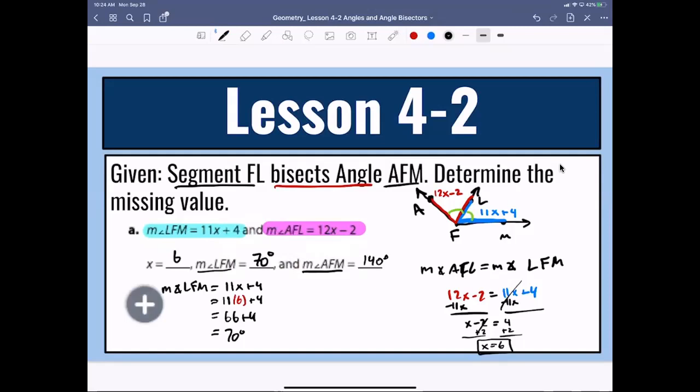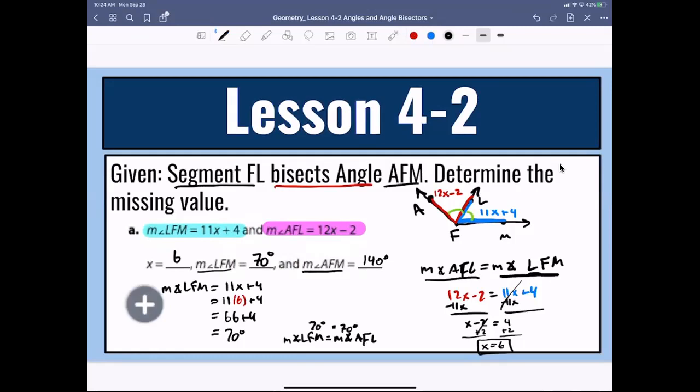All right. And we know this because LFM right here, right? So LFM is equal to AFL. So if the measurement of angle LFM is equal to the measurement of angle AFL, that means we have 70 equals 70, right?